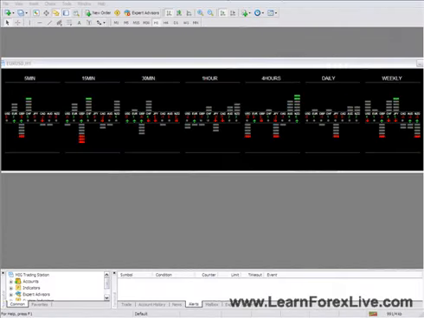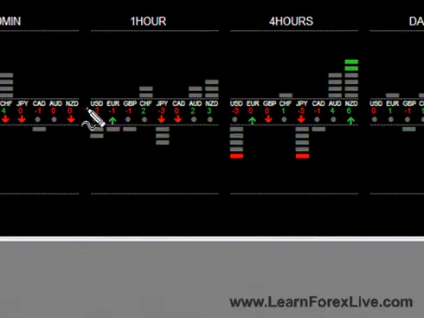Alright, so another thing I should be telling you about is the momentum arrow. The momentum arrow is this little part that you are seeing right now on my screen. You see how you can get either a green arrow, a red arrow, or a gray circle, right?